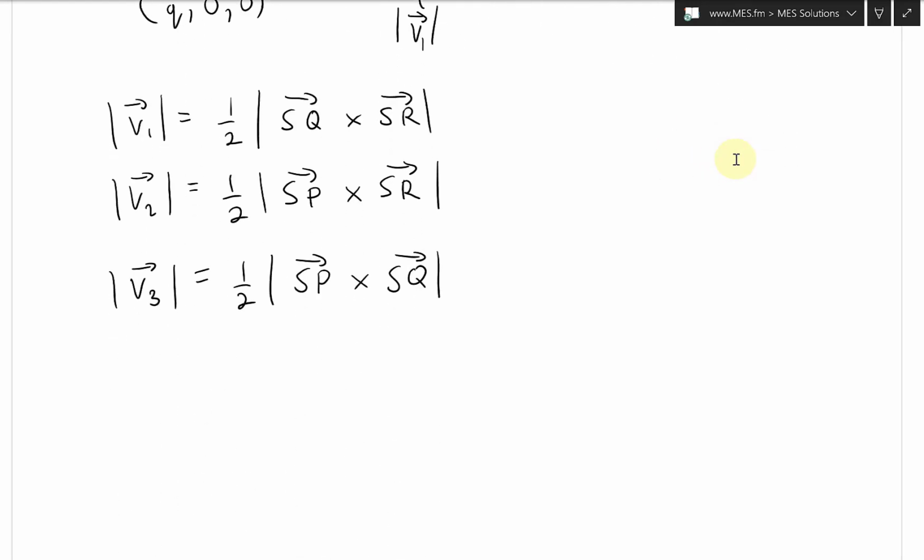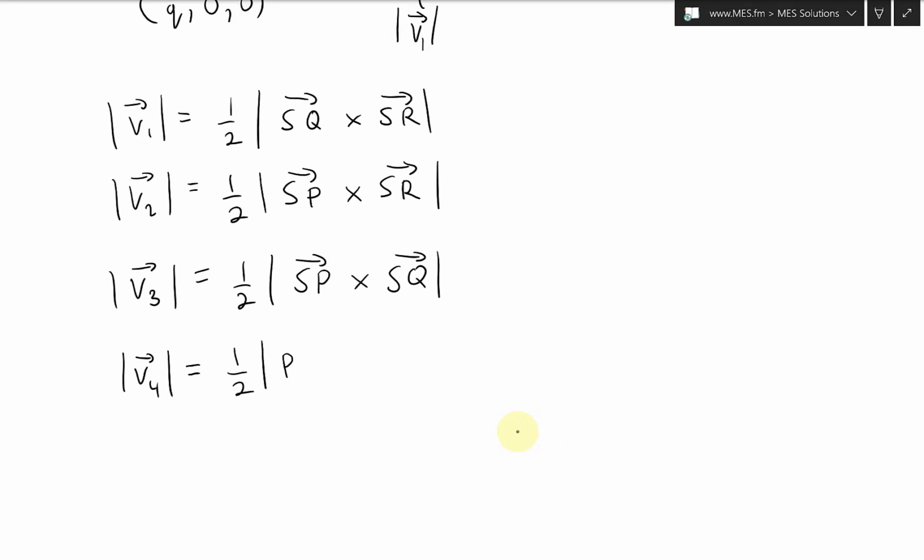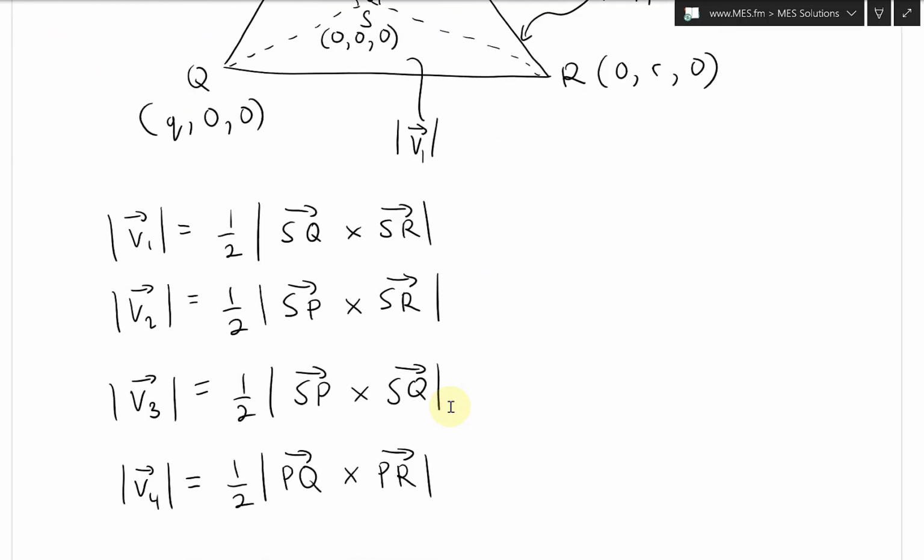That's this triangular one. So let's write this V4 length equals 1/2, and then the cross product, we'll look at from the top here, PQ cross PR. And it doesn't matter which direction you do, because you're taking the absolute value. You're looking at the length, so you're going to get a positive number. All right, PQ and PR, like that.